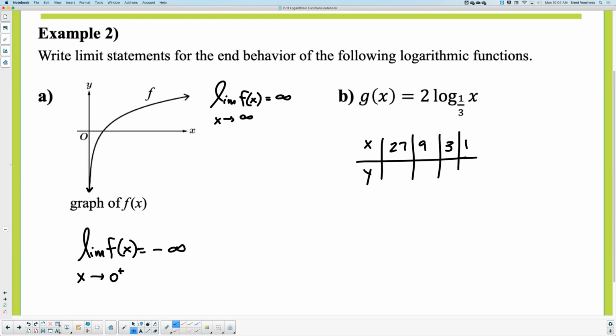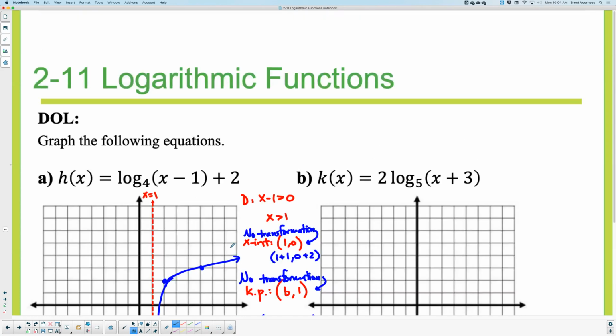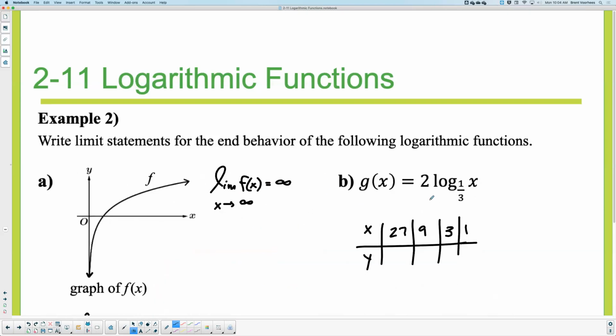1. Okay, so usually if you go back, we said that we had the key point at 1, 0. You tracking? I just got to this 1 value for x. It's normally 1, 0. This has a vertical transformation. You need to multiply it by 2. So what's 0 times 2? 0. So it's still 0.